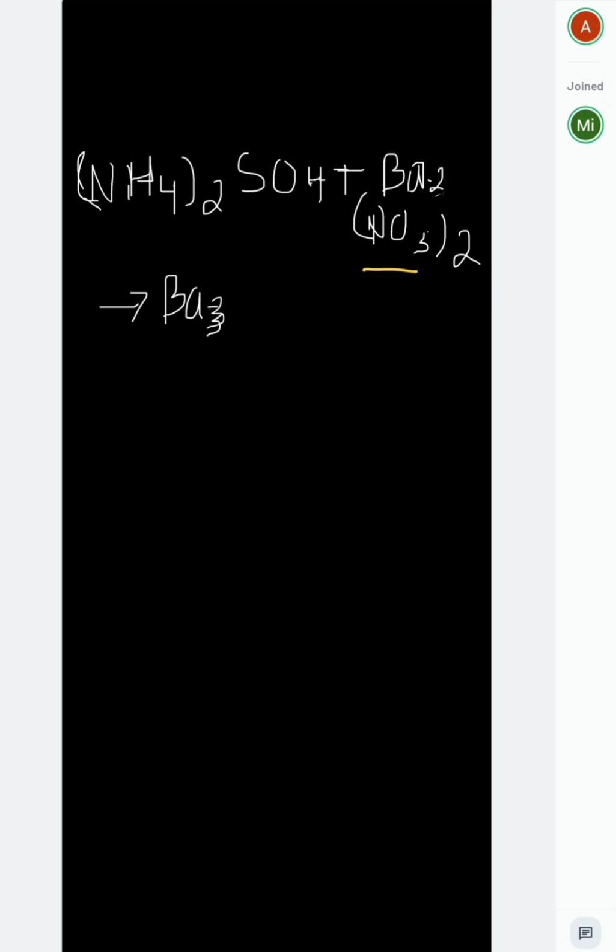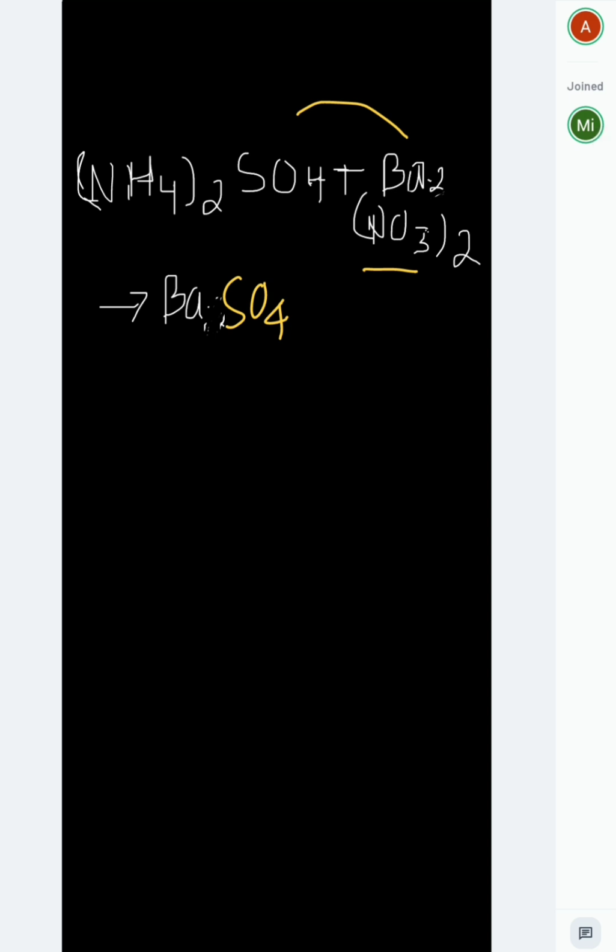NO3, nitrate, barium. Okay, so you do displacement. So barium would pair with sulfate. What's the charge of sulfate? -2 and barium +2. So that would become barium sulfate, the charges cancel out.